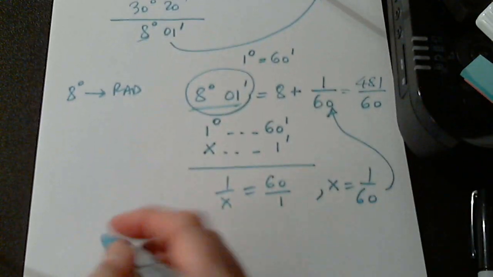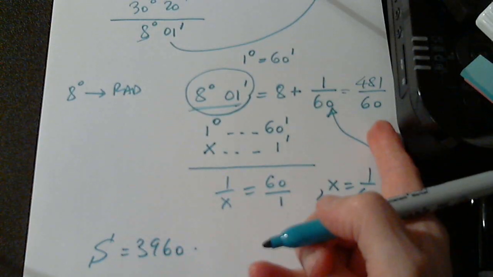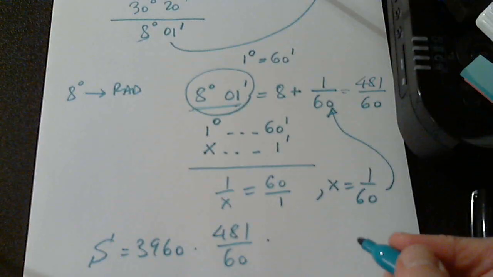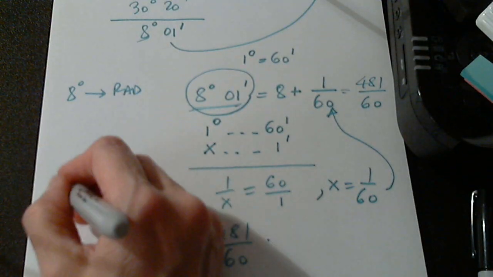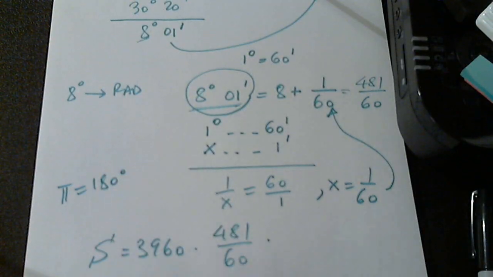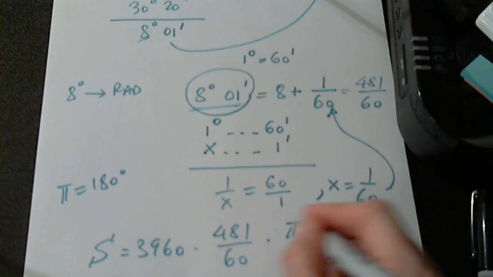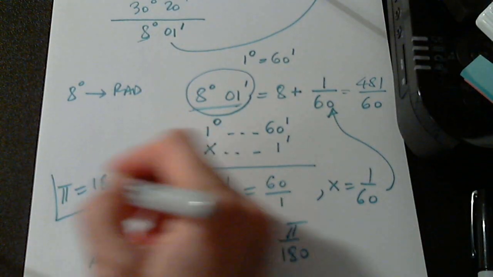So now the formula will be S equals 3960 times degrees changed into radians. You can say, I forgot, how do I change 1 degree into radian? Okay, pi equals 180. So I want degrees into radians, so I'll multiply by pi over 180. You never have to memorize that.